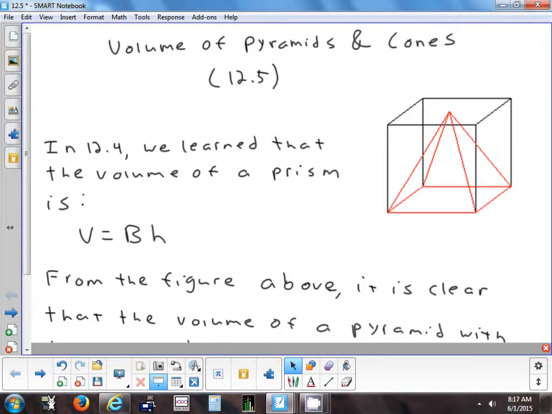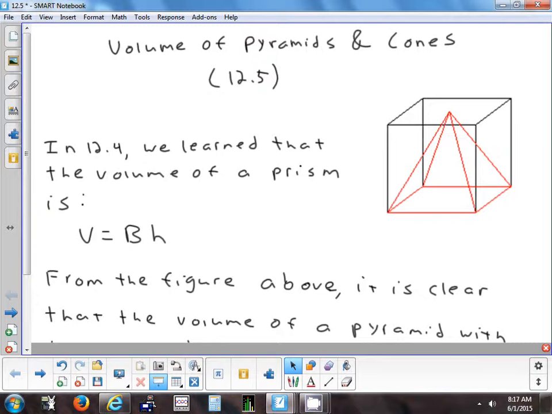I basically say, if I were to take this pyramid, turn it upside down so the point was down, and started filling it up with water, and then dumped it out into this cube, how many of these pyramids do you think I'd have to dump out to fill up the cube?